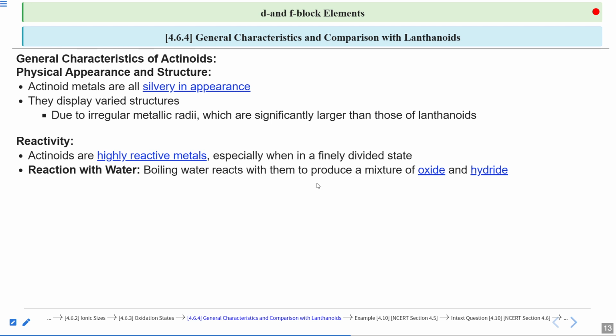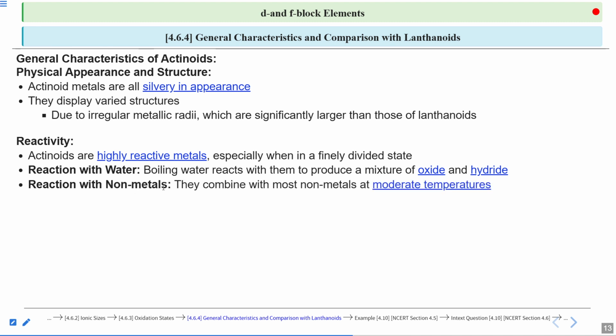Boiling water reacts with actinoids to produce a mixture of oxide and hydride. So when actinoids react with boiling water, they produce a mixture of oxides formed by the water and the hydride, formed by the reaction between actinoids and water.